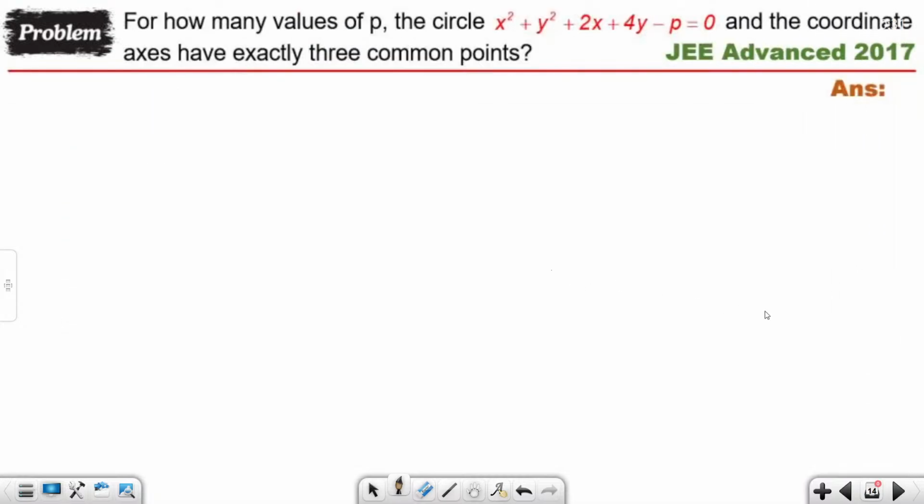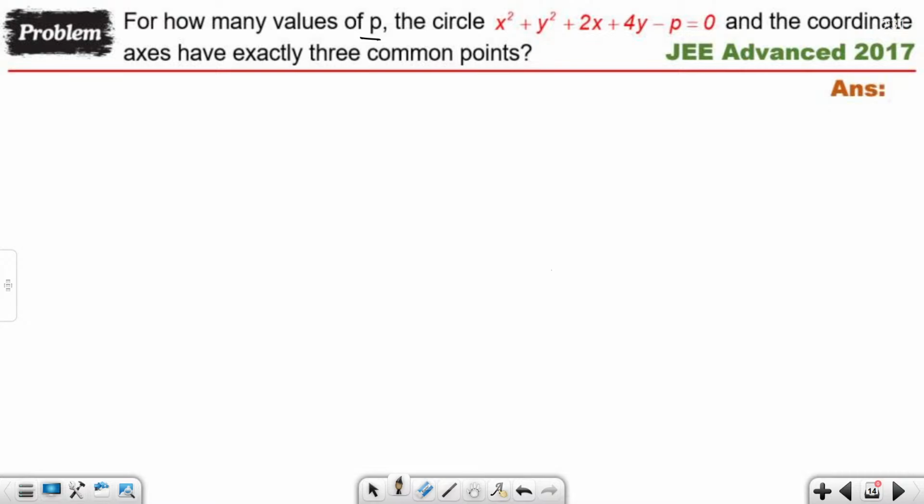This question came in JEE Advanced 2017. What is the question? For how many values of p? Now, IIT Advanced never used to give problems straight away.